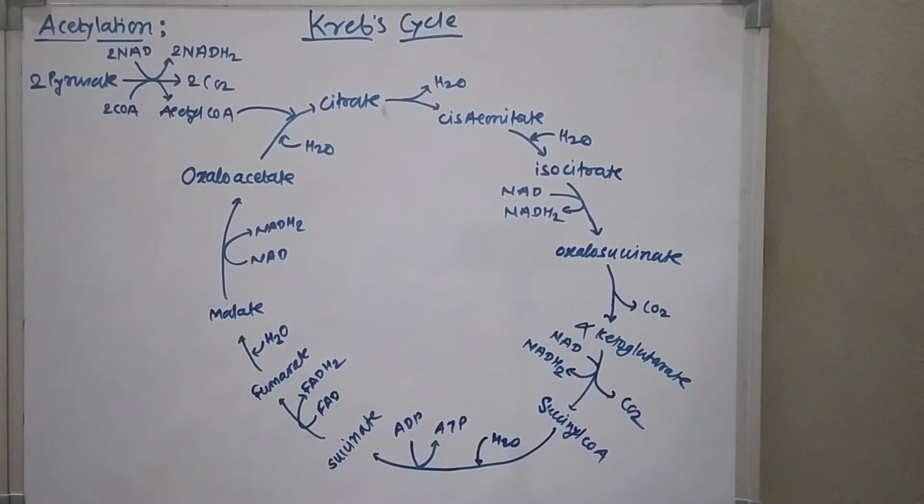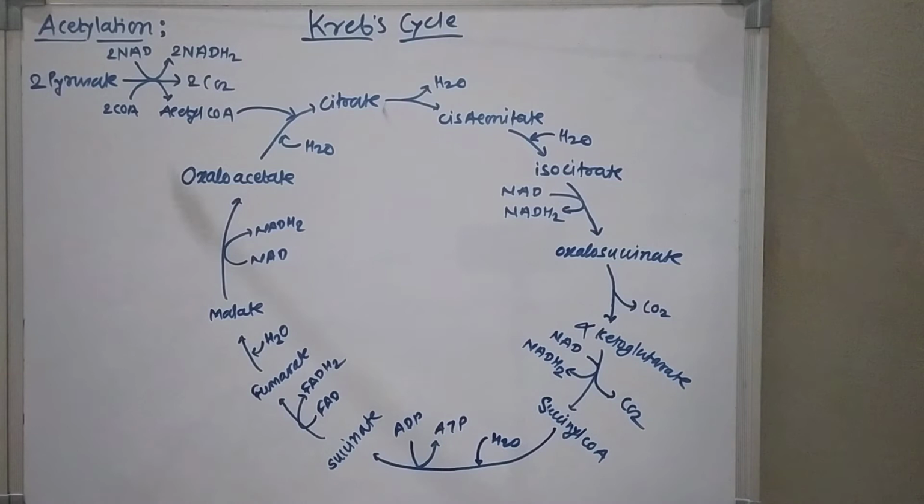The first step, glycolysis, takes place in the cytoplasm of the cell, while acetylation, the second step, takes place in the outer chamber of mitochondria, and the last step, the Krebs cycle, takes place in the matrix of mitochondria.